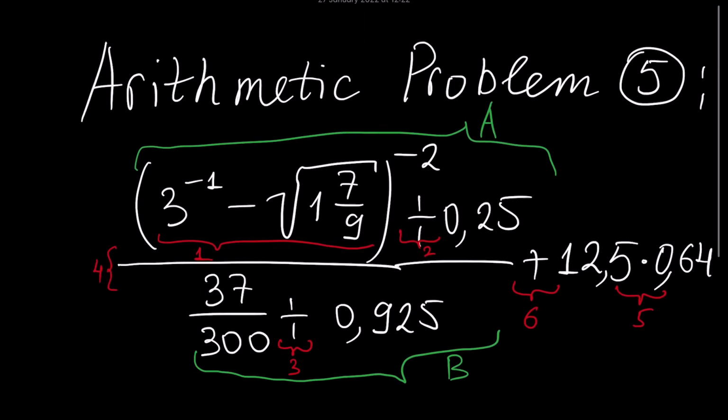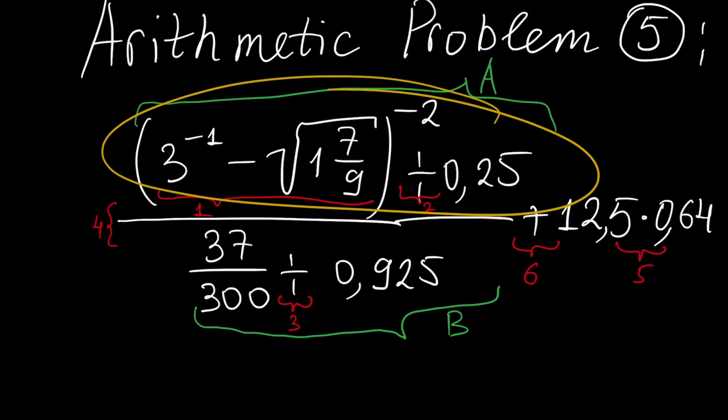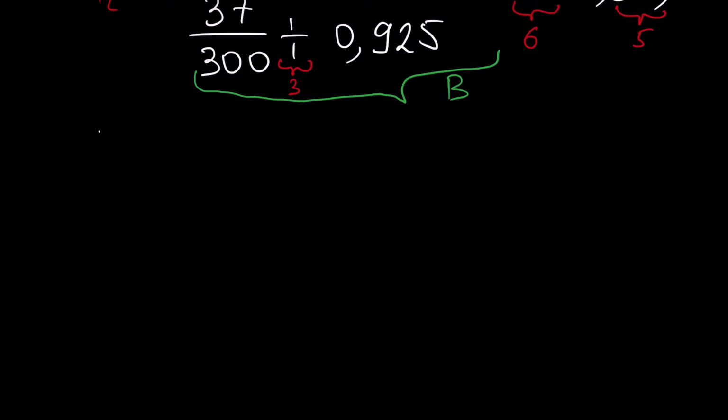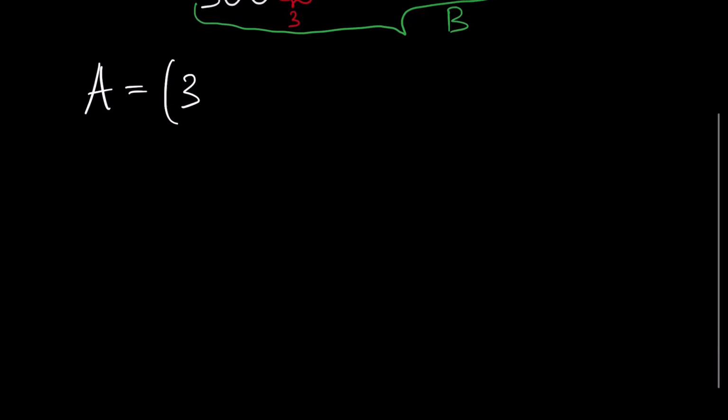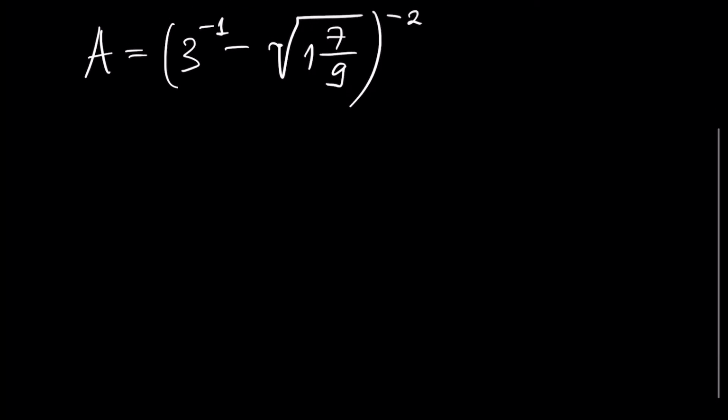Our a will be equal to 3 to the power minus 1 minus square root of 1 and 7/9, and all this to the power of minus 2, divided by 0.25.